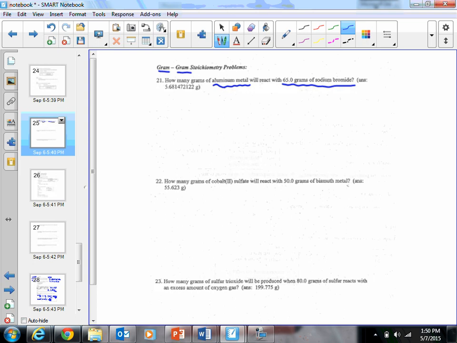So I'm reacting solid aluminum with sodium bromide. And this is a single replacement reaction.